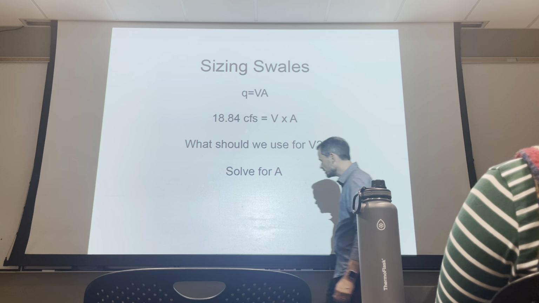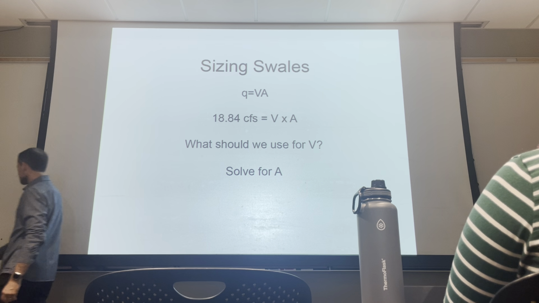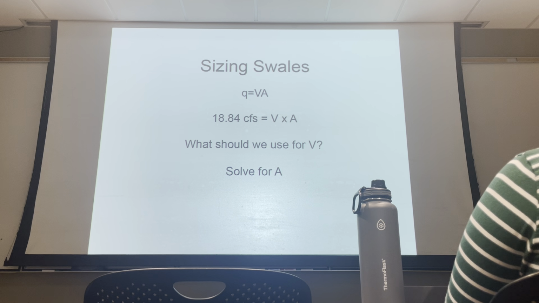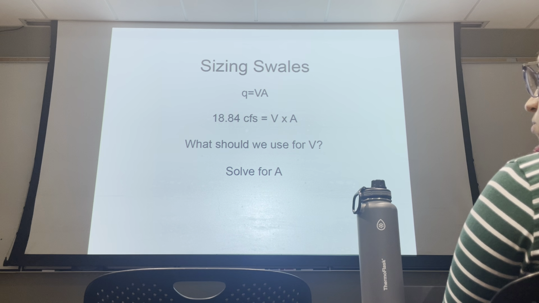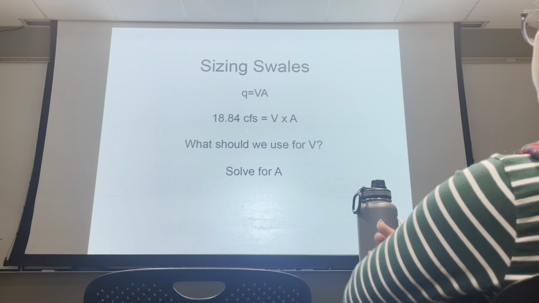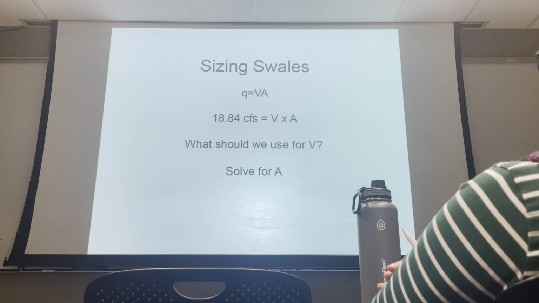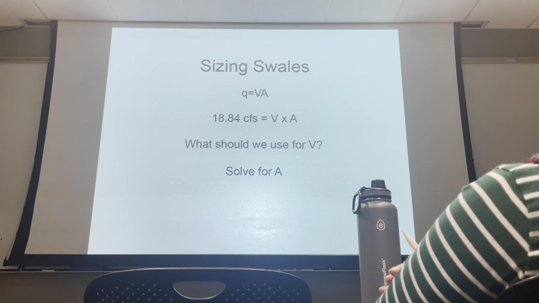So that means I need to have a swale with a cross-sectional area that needs to be 4.71 square feet.